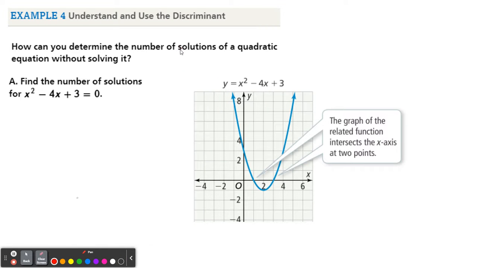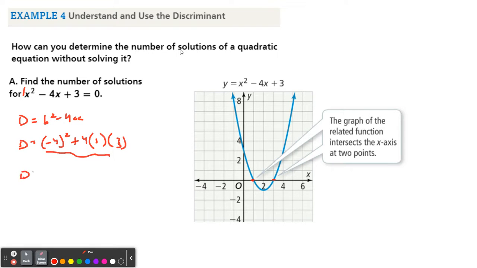So example 4a, find the number of solutions here. It gives you the graph, showing that there are going to be 2 real solutions. So let's use the discriminant to find this. Again, you have to identify what a, b, and c are, and just use the discriminant, which is b squared minus 4ac. So my discriminant is b, negative 4 squared, minus 4 times a, which is 1, and c, which is 3. Just type this in Desmos all at once.